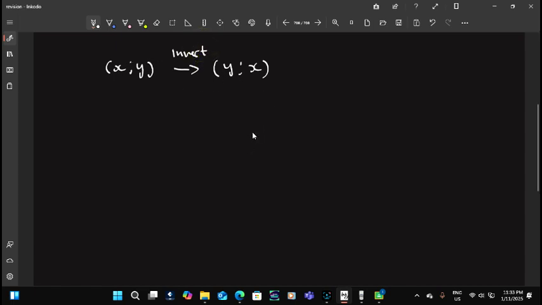Okay. So now, if this is the function f of x, the inverse will be denoted by this notation with a -1 to the top, like that. So that will be the inverse of f.